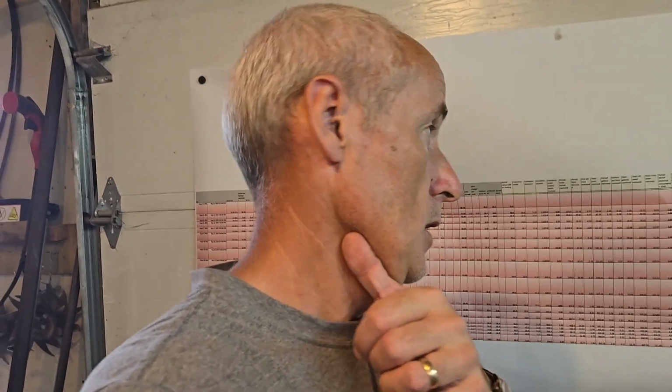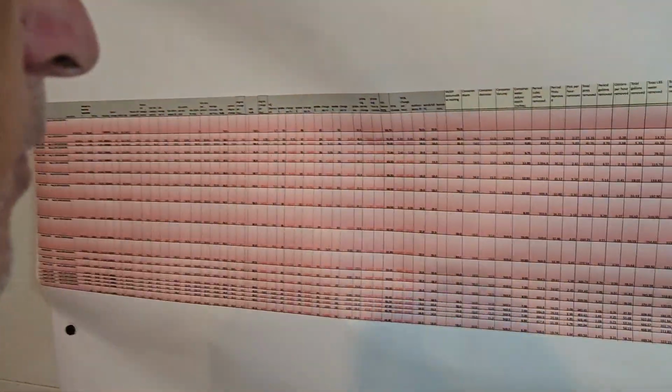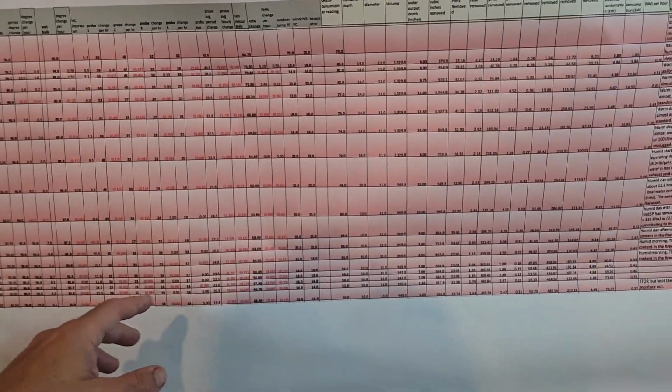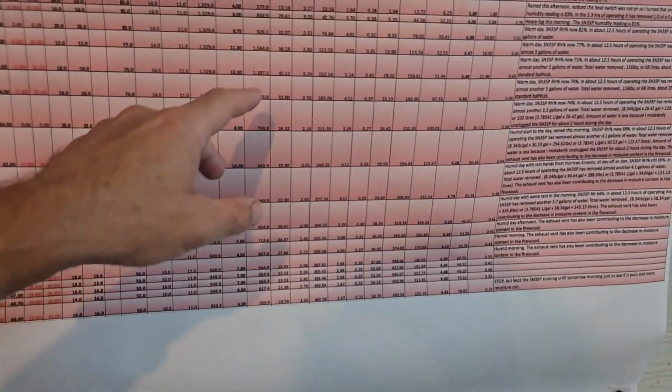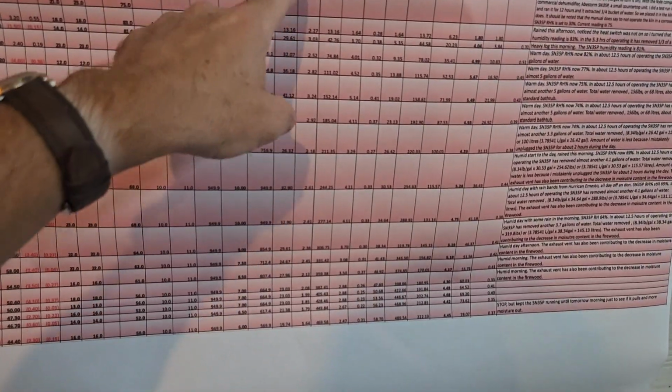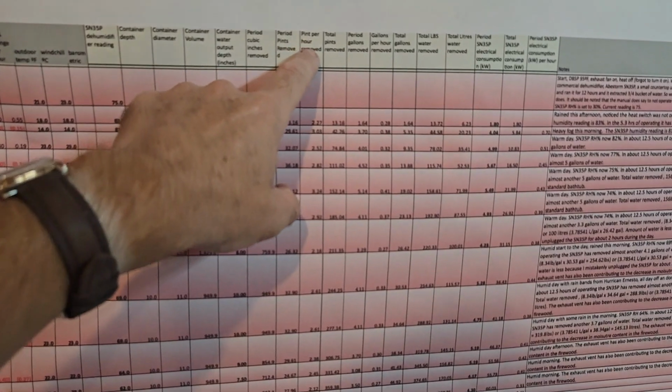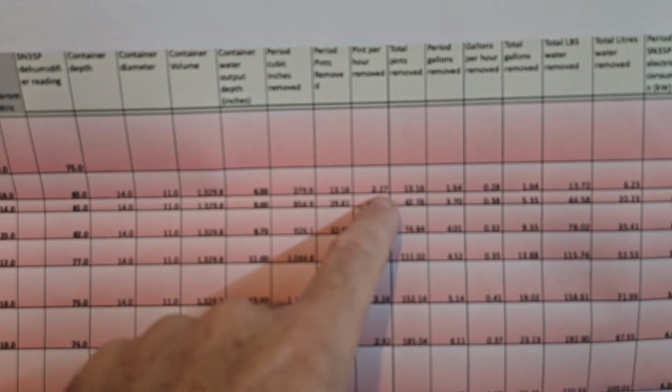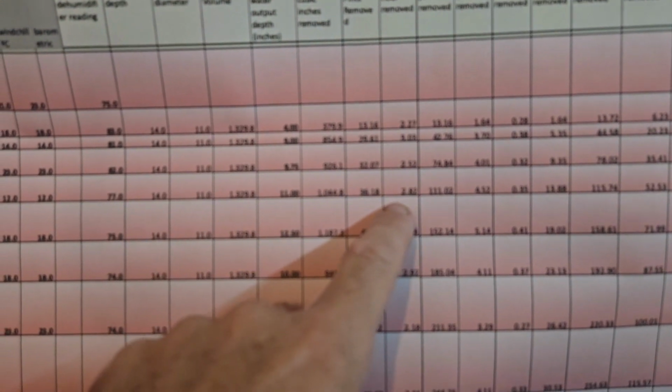And you'll find that some of these breakdown stats, let me see if I can find it here, pints removed per hour. So of course, you start out at 3 pints an hour, 2.5, 2.8, 3, 2.9, 2.18, 2.6, 2.6, 2.38, 4, 5.